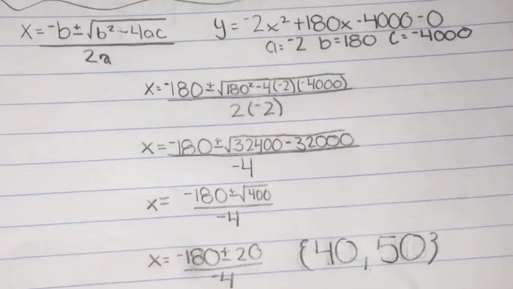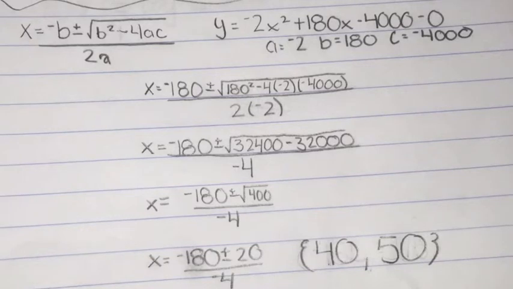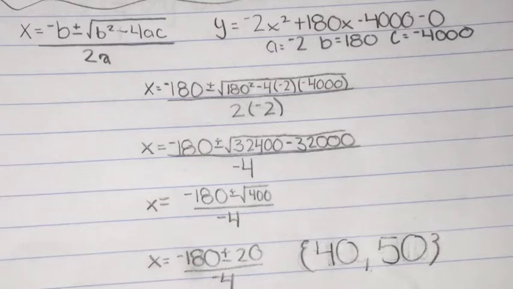The next step in solving this quadratic formula would be to get 180 squared, which equals 32,400, and then get negative 4 times negative 2 times negative 4,000, which equals negative 32,000. Then you need to get 2 times negative 2, which equals negative 4.